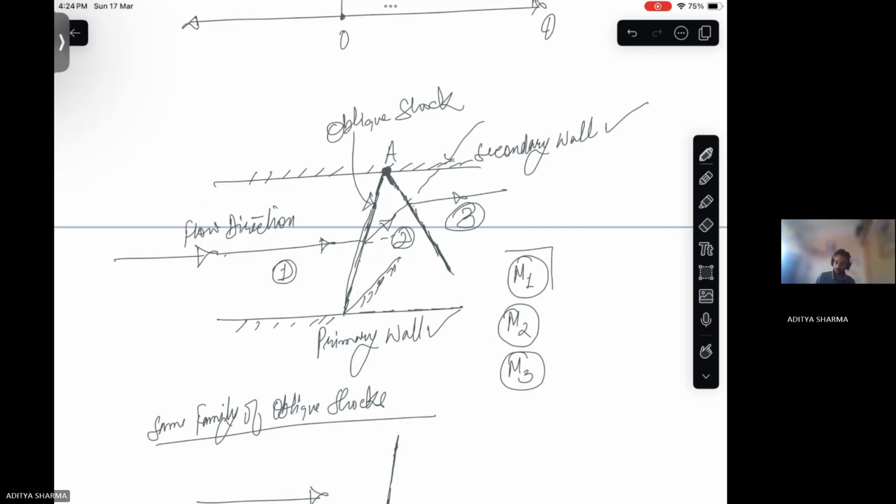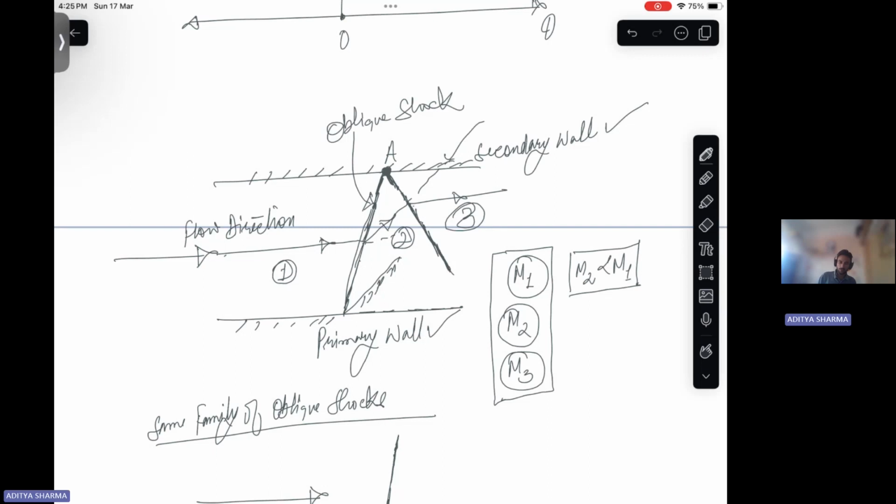So what it means is that the strength of the shock also depends on the upstream value of the Mach for the flow, right? Upstream of the shock, right?